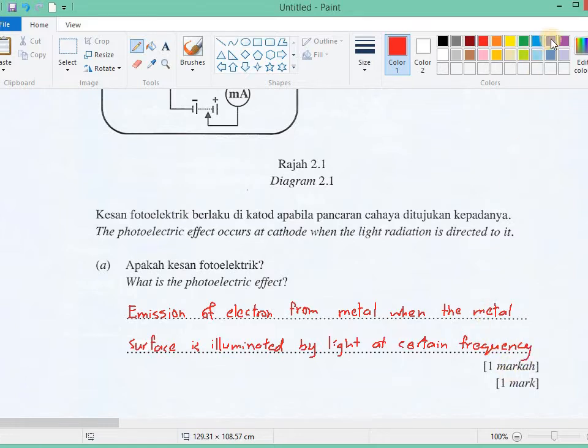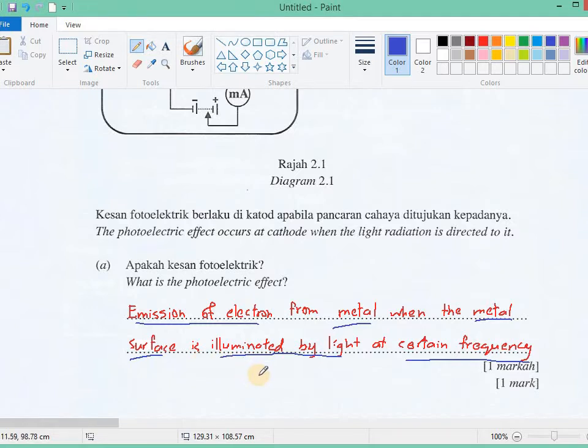So what are the important keywords here? Emission of electron from metal, when metal surface illuminated by light at certain frequency.